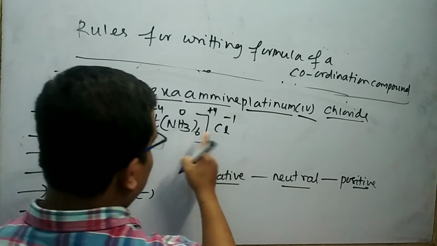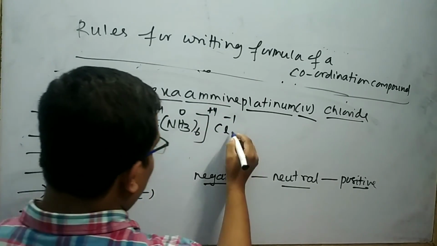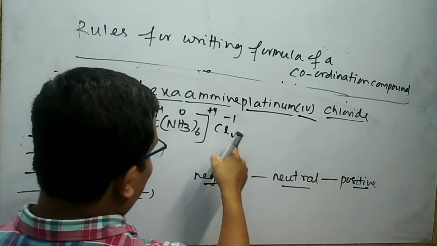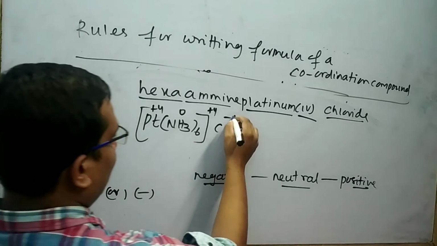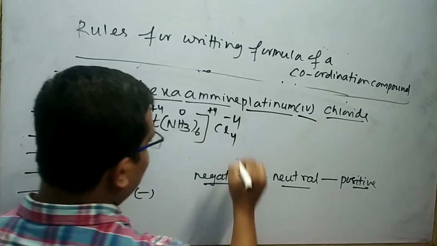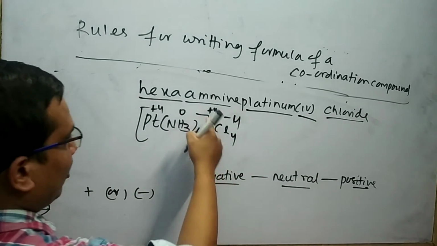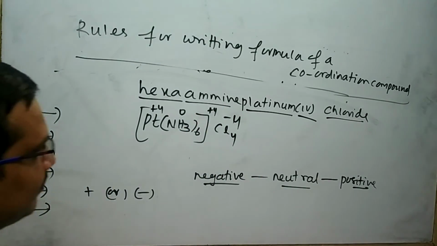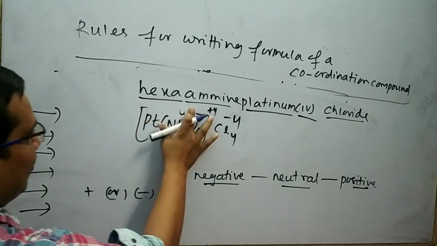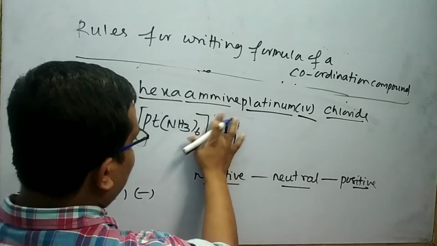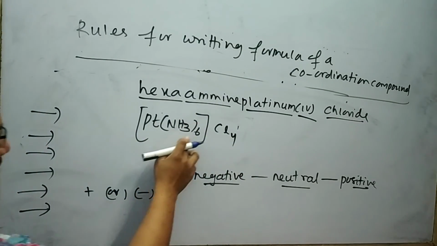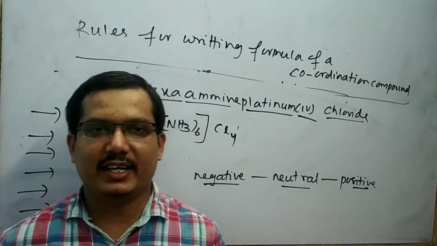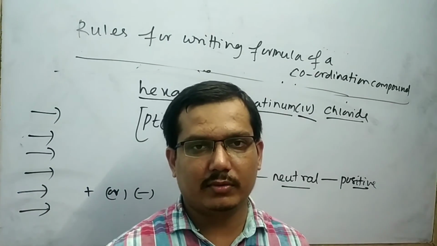To balance the charge, it is bound to write here 4. That means after writing the 4 here, now the negative charge is your -4. Now look at that. Here +4, here -4. That means the formula of the complex compound is [Pt(NH3)6]Cl4. This is all about the nomenclature of coordination compound.